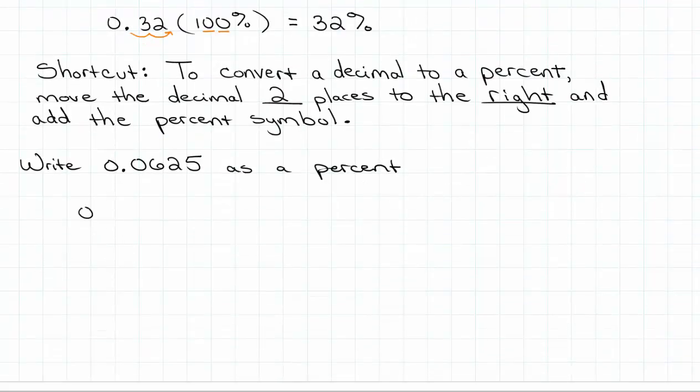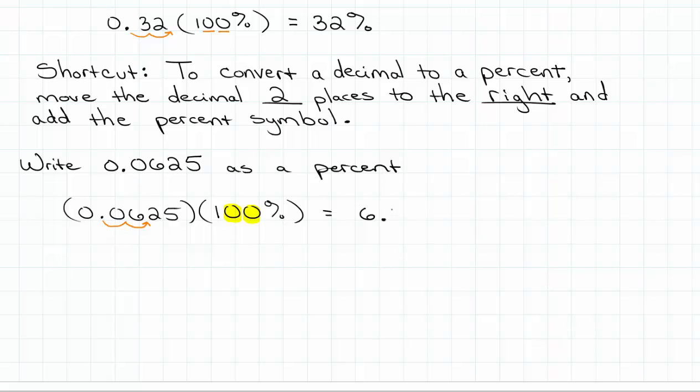I'm going to write 0.0625 multiplied by 100%. Now I see that I'm multiplying by a power of 10. It has 2 zeros. So since I'm multiplying by a power of 10 that has 2 zeros, that's why I'm going to be moving the decimal over 2 times to the right. So it's going to be 6.25, and remember to attach the percent symbol to it.